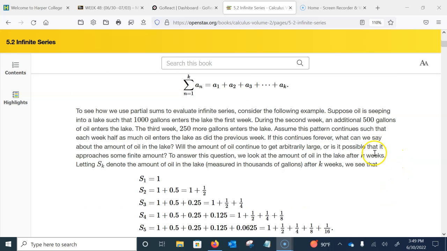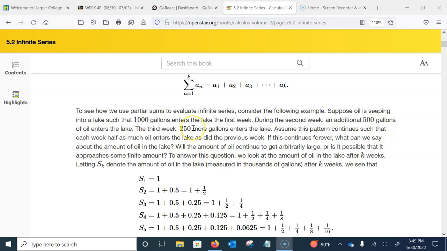So let's look explicitly at a particular example. And we'll look at an example that actually involves kind of an application here. Suppose that I have oil seeping into a lake, and the first week's 1,000 gallons. The second week it's 500 gallons.